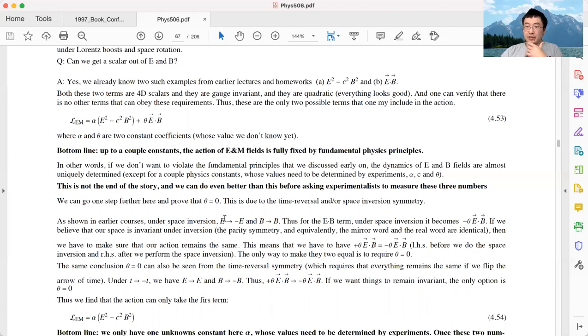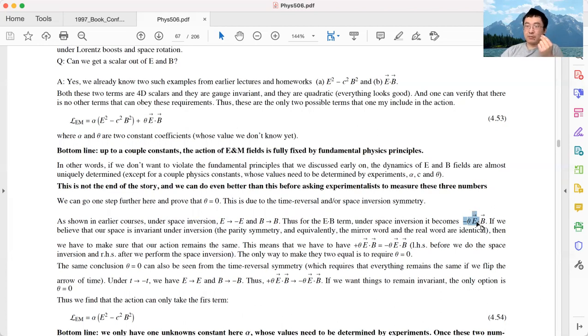And in 505, we already learned that under space inversion, the E field should change sign, but the B field doesn't. If the E field changes sign and the B field doesn't, this theta E dot B term will change sign under space inversion.